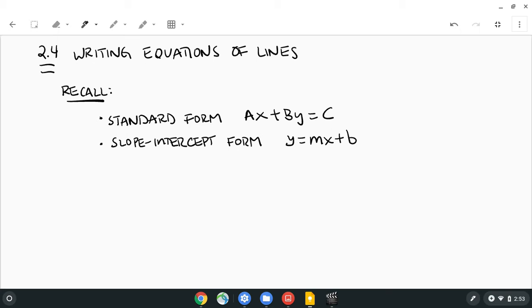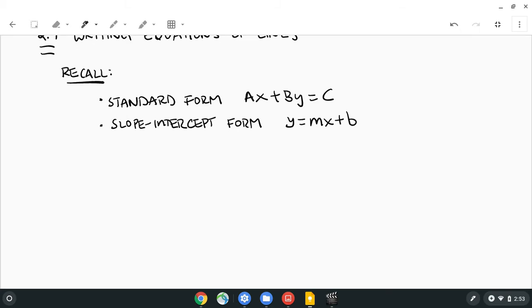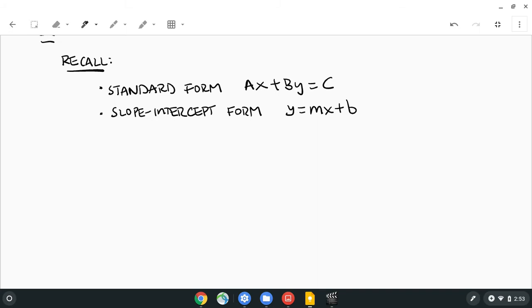Now we're going to look at how we write the equation of a line if we're given certain pieces of information: writing equations of lines.